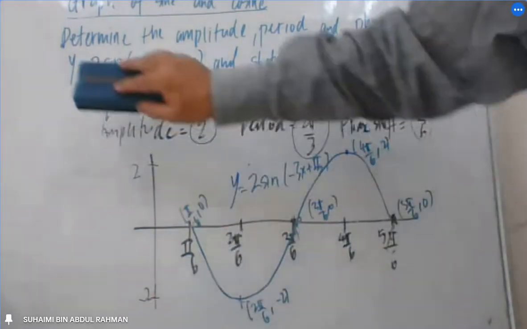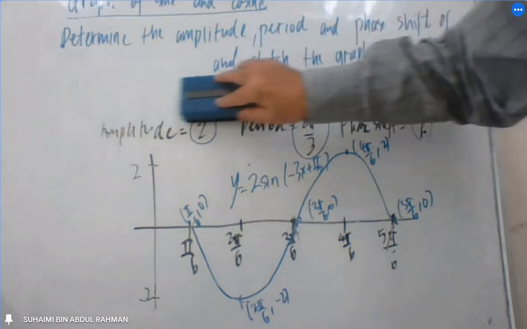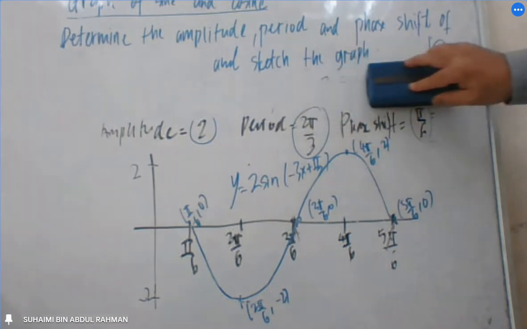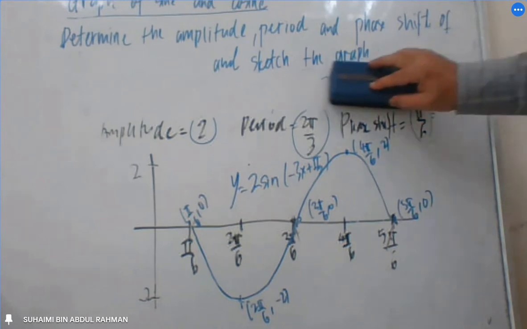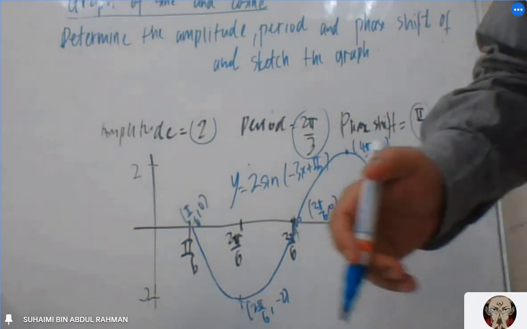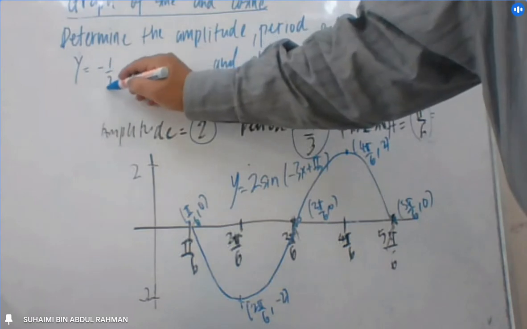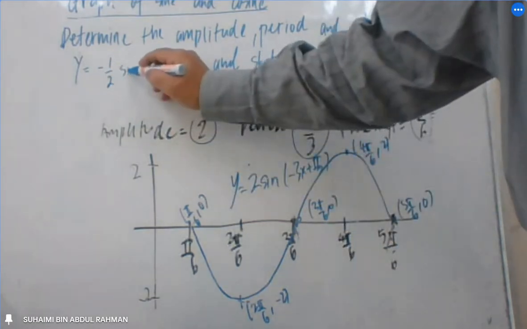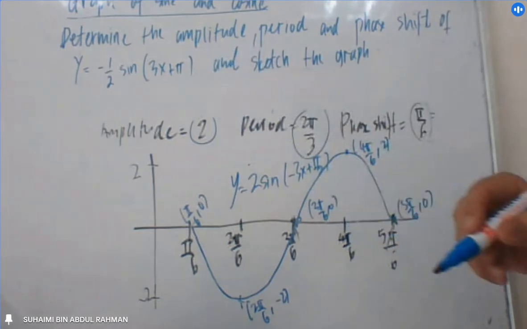Now, let's say we change the function to y equal to minus 1 over 2 sine of 3x plus pi.